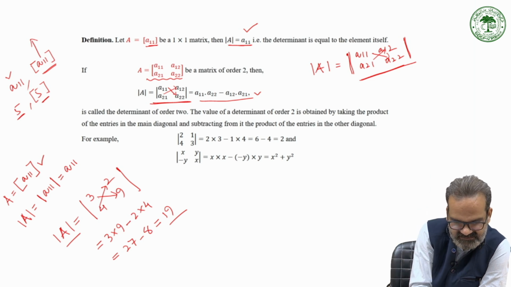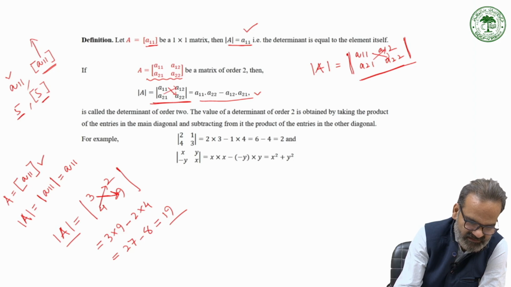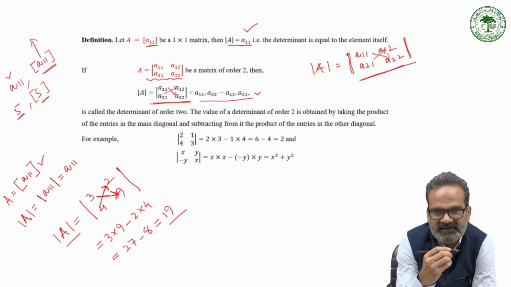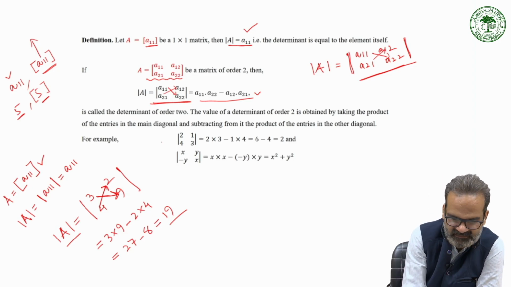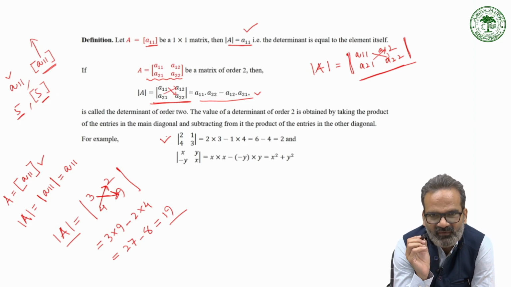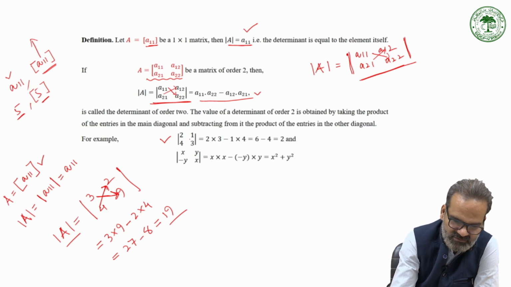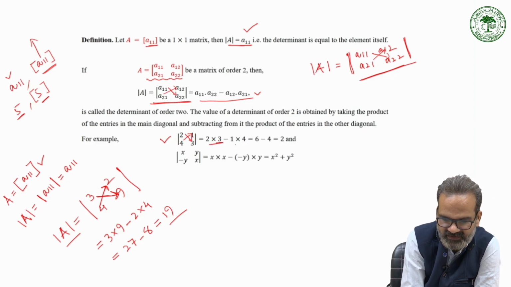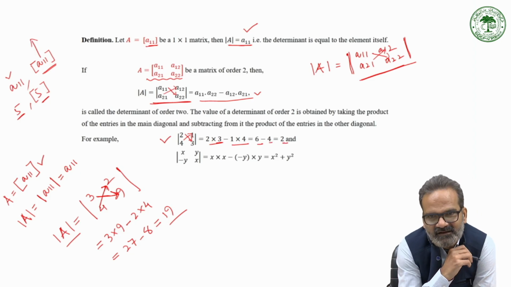Main diagonal means this is the main diagonal, 3 into 9, and then subtract from it the product from the other diagonal. Take this example, 2, 4, 1, 3, this is a determinant of order 2, so its value will be what? 2 into 3, this diagonal, minus 4 into 1, so 2 into 3 minus 1 into 4, this is 6 minus 4, that is 2.